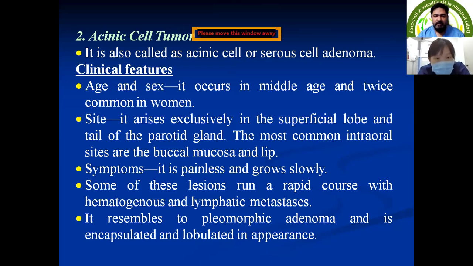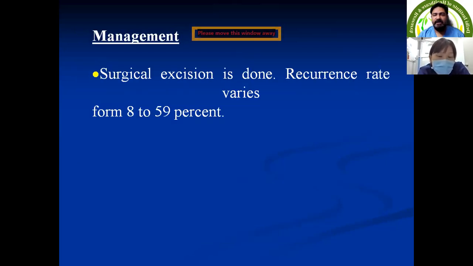Symptoms: it is painless and grows slowly. Some of these lesions run a rapid course with hematogenous and lymphatic metastasis. It resembles the pleomorphic adenoma and is encapsulated and lobulated in appearance. Management: surgical excision is done. Recurrence rate varies from 8 to 59%.